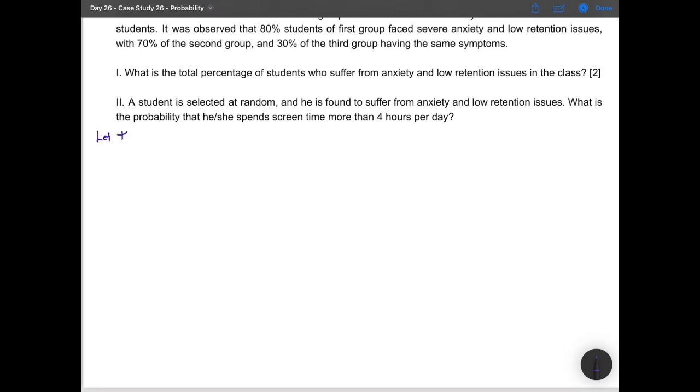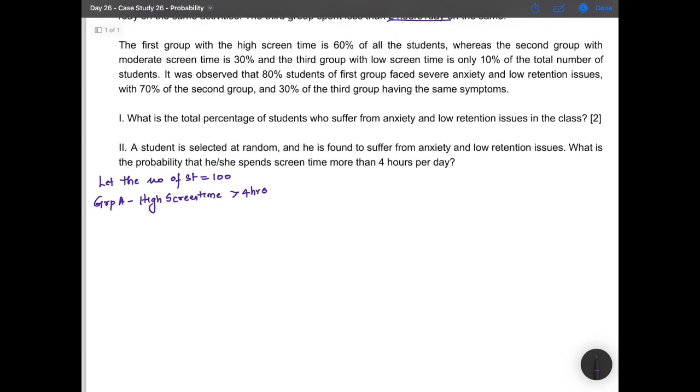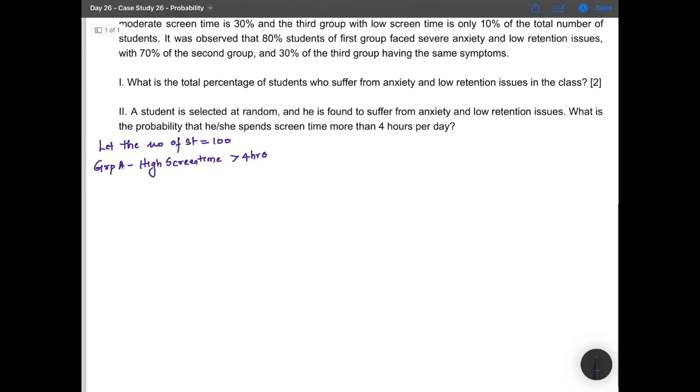Let the number of students be taken as 100. Group A, high screen time, that is greater than 4 hours. So in this category, we have 60% of all the students, that is total students is 100.